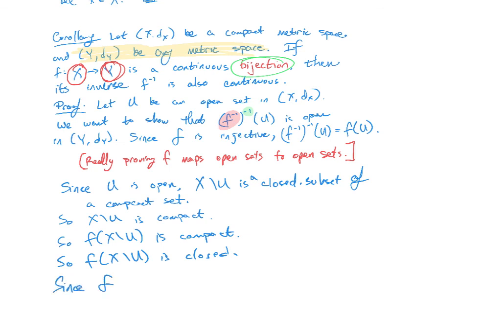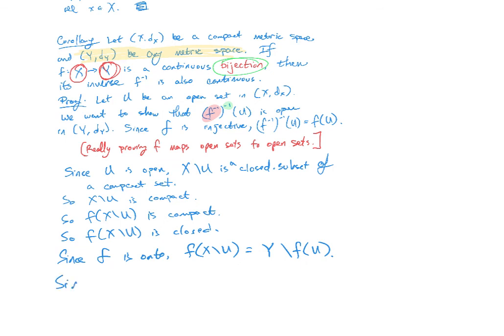So since F is onto, the images of the things not in U are the things not in the image of U. And now that's a closed set, we just said.